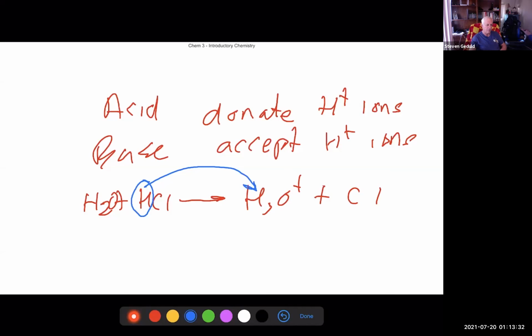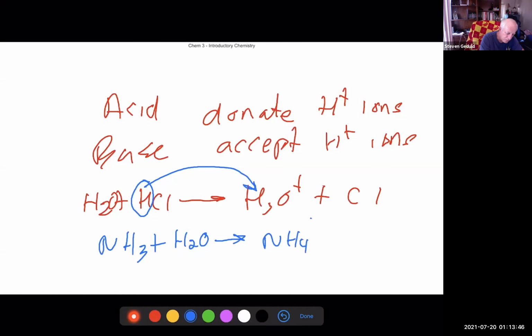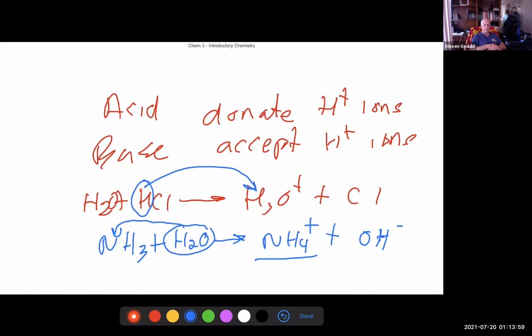Let's take ammonia for another example. NH3 plus H2O goes to NH4+ OH-. So water donated hydrogen to NH3. So the base is NH3 because it's producing OH-.